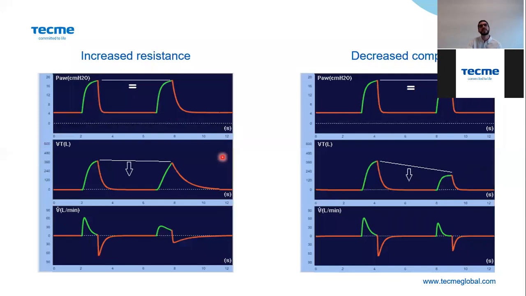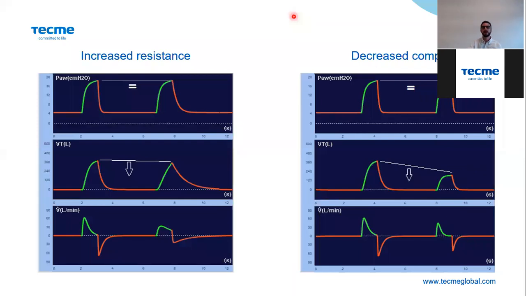And the second question is about the alarm. What do you think is the most important one? We are in a pressure control mode. We know the pressure level, we know the pressure value, but we don't know anything about the volume, because the value will depend on the compliance and on the resistance.